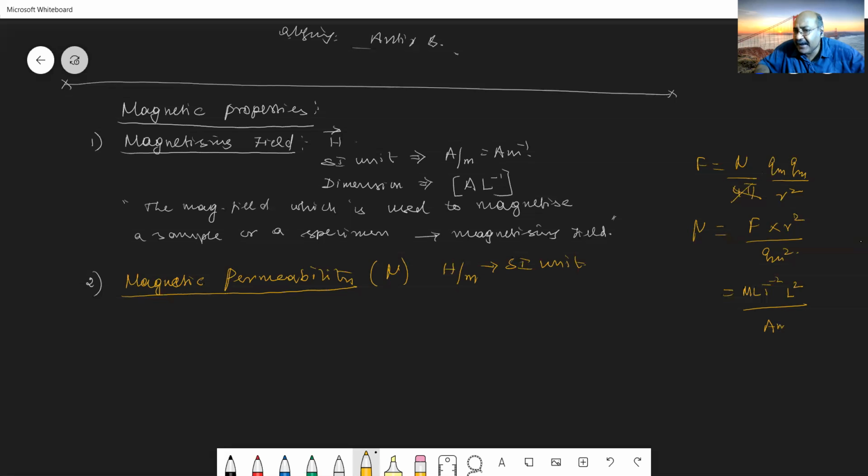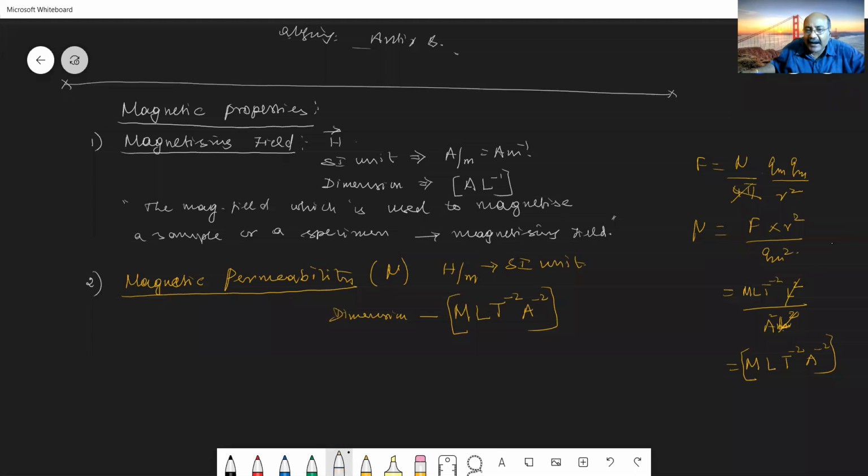Qm is ampere meter, and since it is squared, it is ampere square L square. So the L square cancels. We get M, L to the power 1, T to the power minus 2, and take the ampere square to the numerator, A to the power minus 2. So the dimensional formula for magnetic permeability is M L T to the power minus 2 A to the power minus 2.